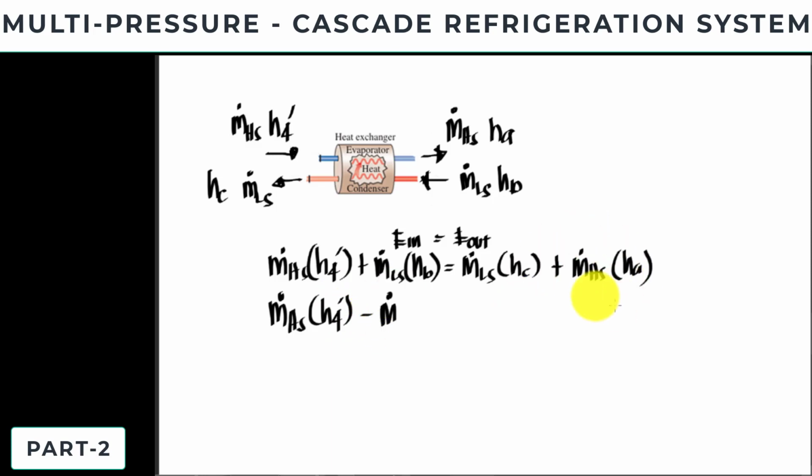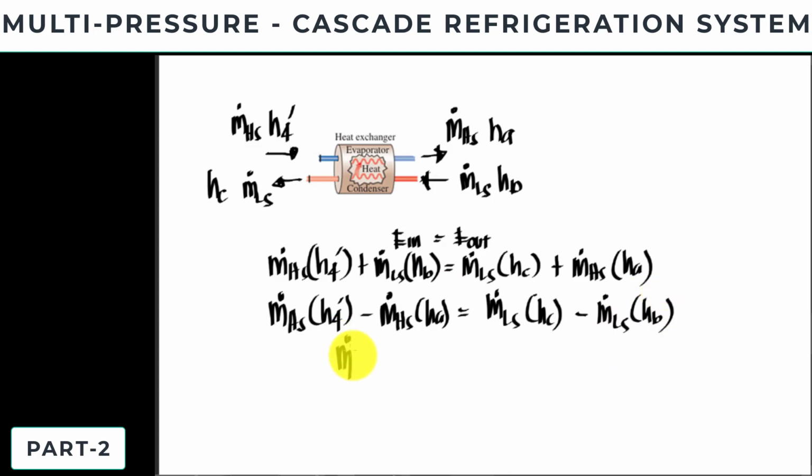So, that will be mass flow rate at the high stage times my enthalpy A, which is equal to the mass flow rate at the low stage times the enthalpy C. So minus kasi lilipat naman eh. So we have the mass flow rate, low stage times my enthalpy B.